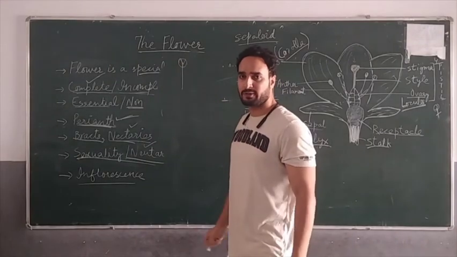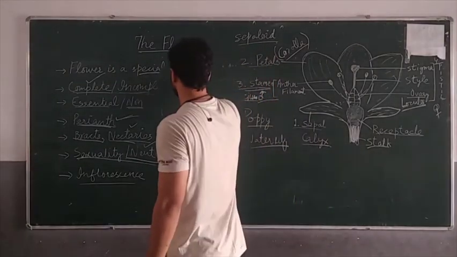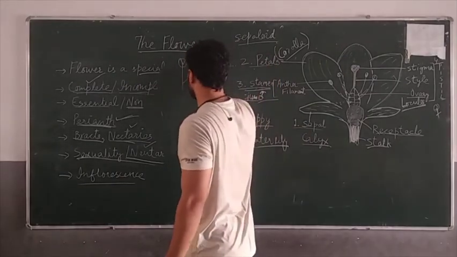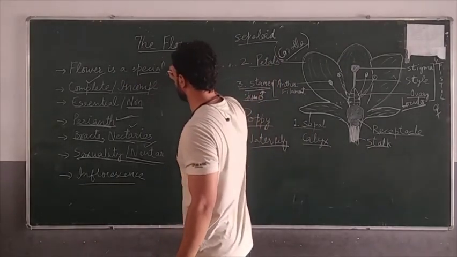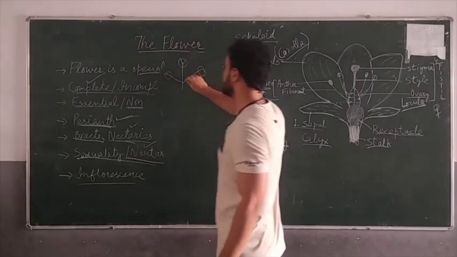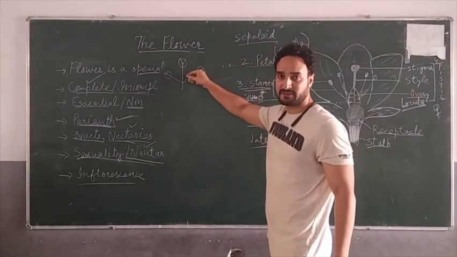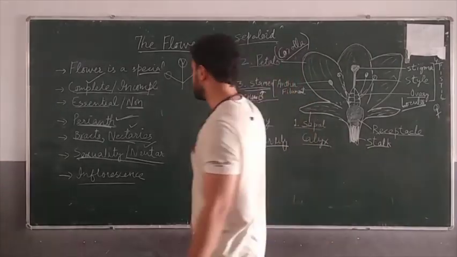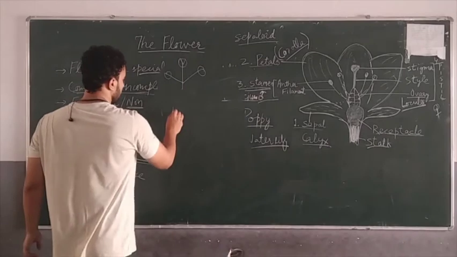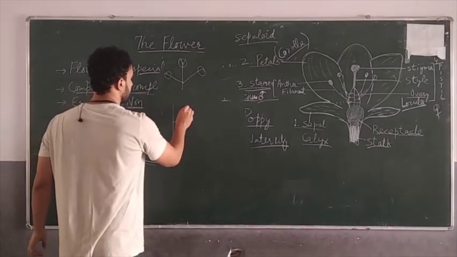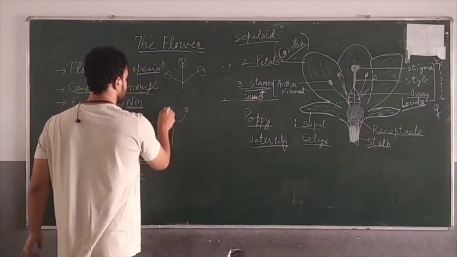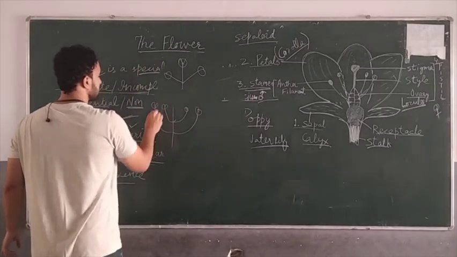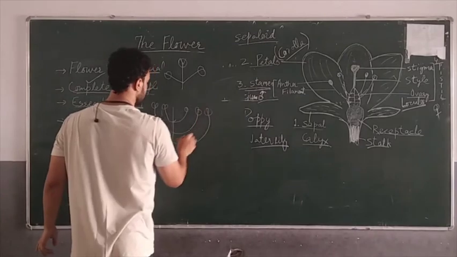Now the other kind is that the flower is present at the apex of the main axis, but there are also flowers present at the apex of the lateral branches. So this is the second kind of inflorescence. And the third kind is flowers arising from the different axils of the leaves, but reaching the same height.